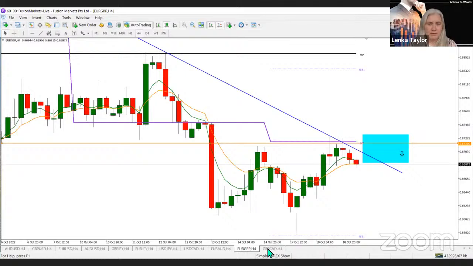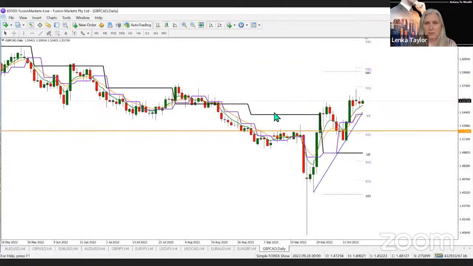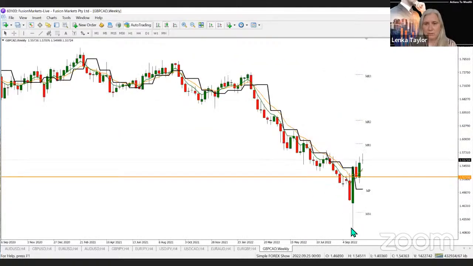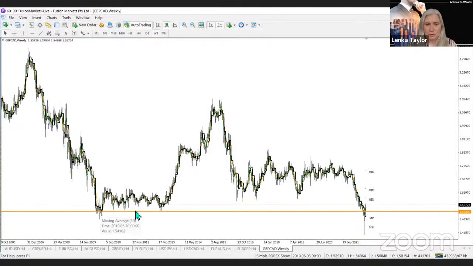The next currency pair, the last one, is GBPCAD. And GBPCAD, I'm looking for long. So here we've had a really strong price action come back above that previous level of support from quite a while ago.